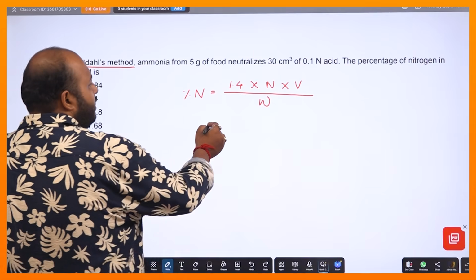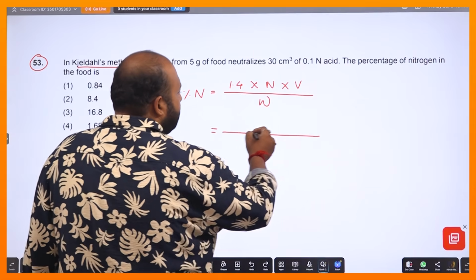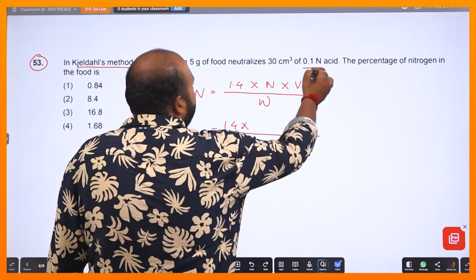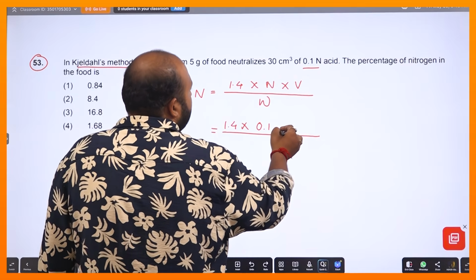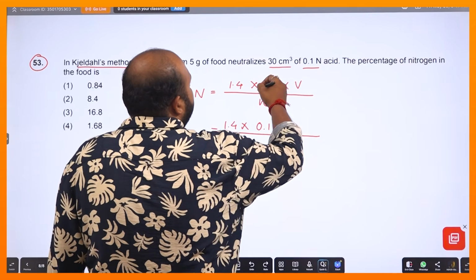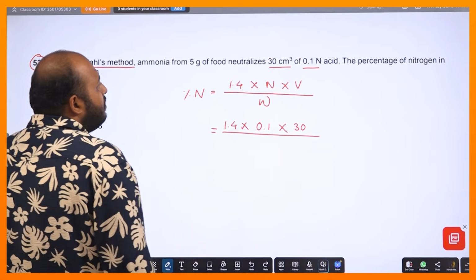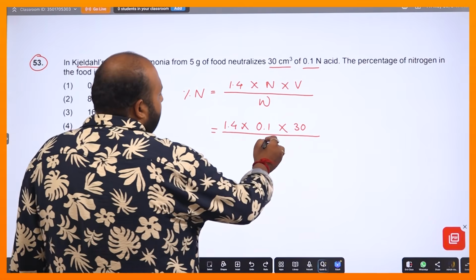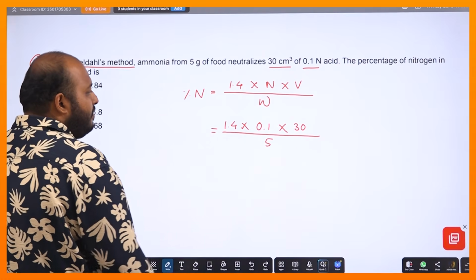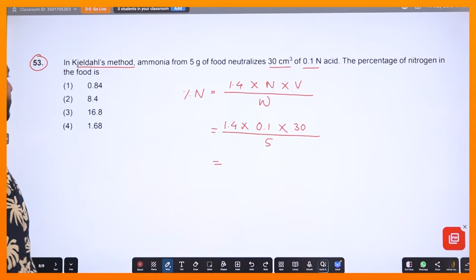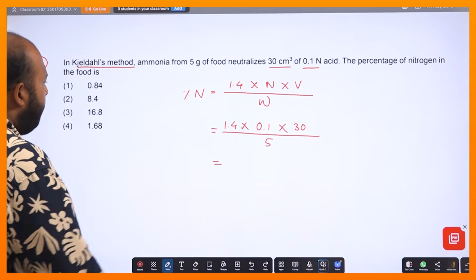Normality is given 0.1, volume is 30 ml, and the weight of the compound is given as 5. If we calculate it, more or less the answer will be about 0.84.